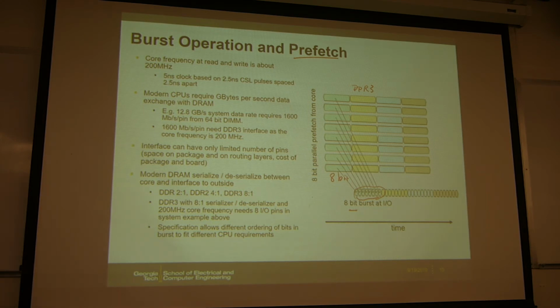So basically, here is a so-called serialized process, because these 8 bits are fetched in parallel. Later you are going to serially send the data out. So this parallel becomes serial in this DDR protocol.